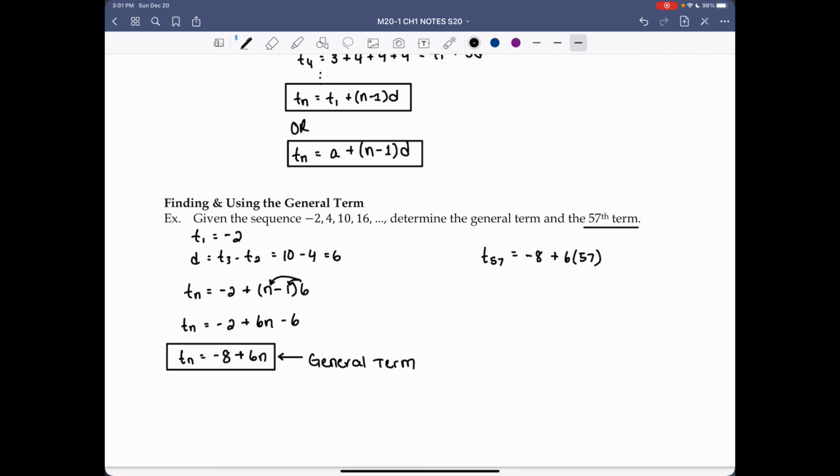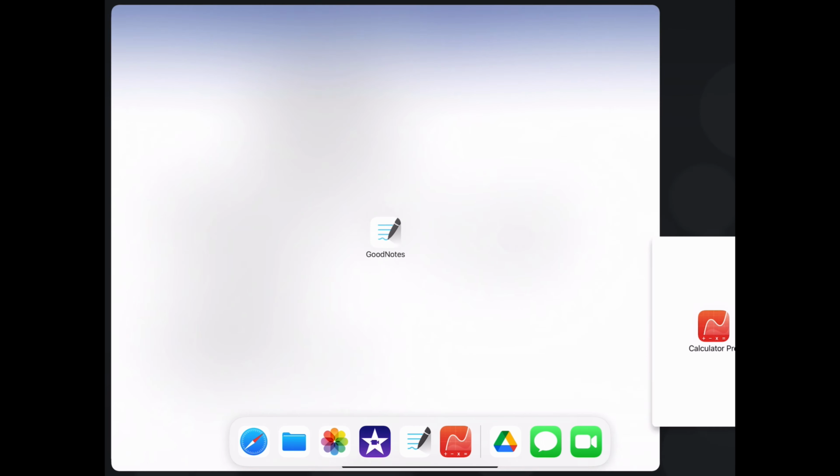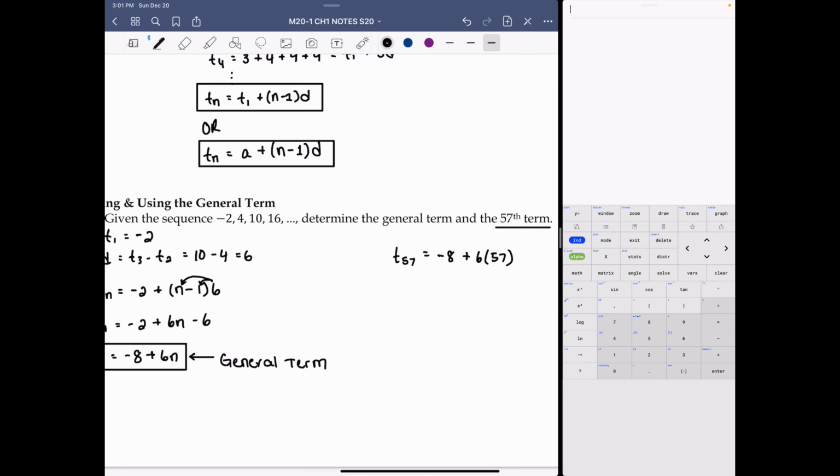Then we calculate. 6 times 57 is 342, so t57 equals -8 plus 342, that gives us 334. So term 57 equals 334.